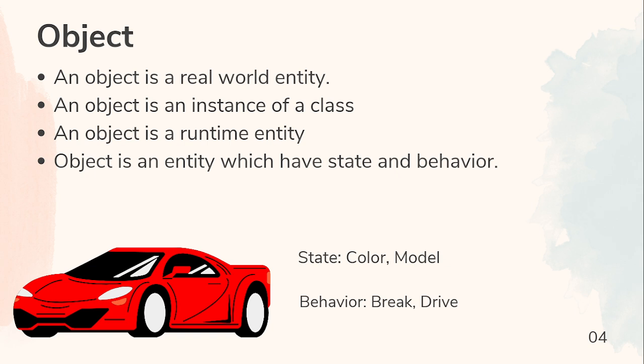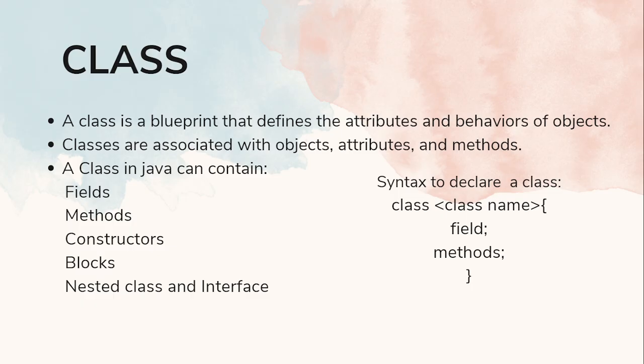In another way, an object is an entity which has state and behavior, as we have seen earlier. State is the car's attributes or object attributes, and behavior is the functionality of an object, like the car is used to drive, and we can apply the brake, right?